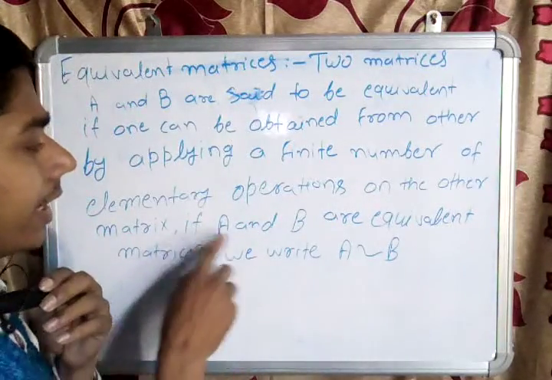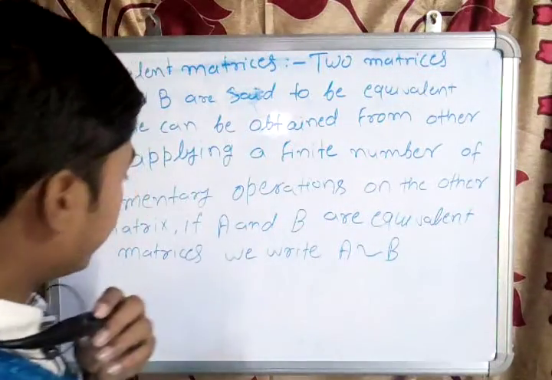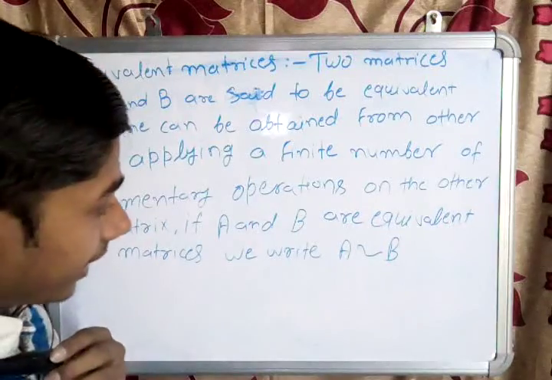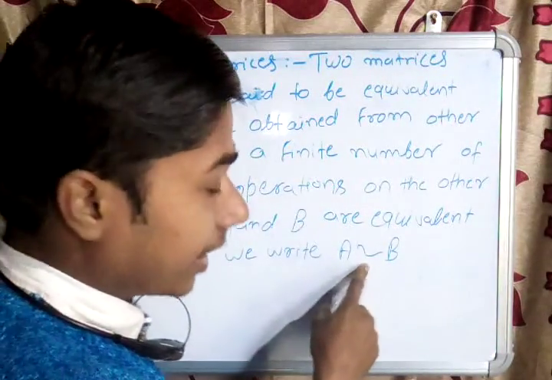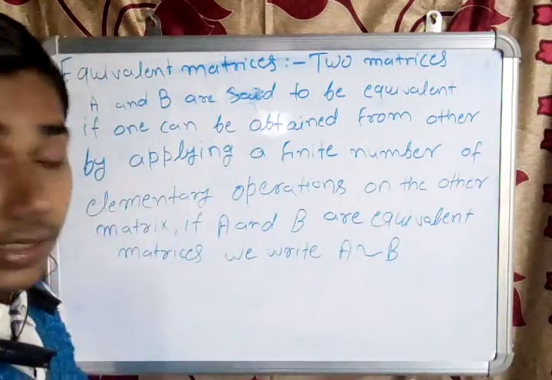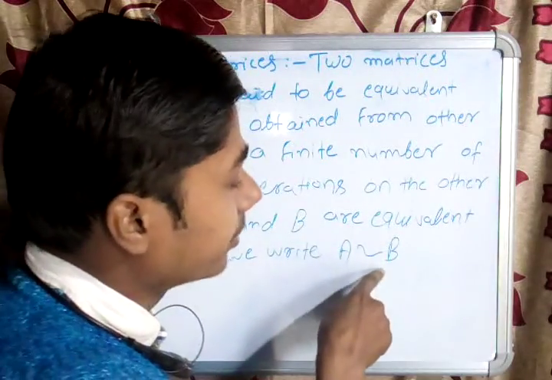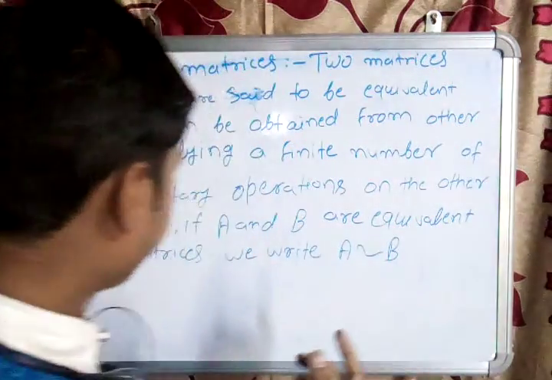If A and B are equivalent matrices, we write A equivalent B.